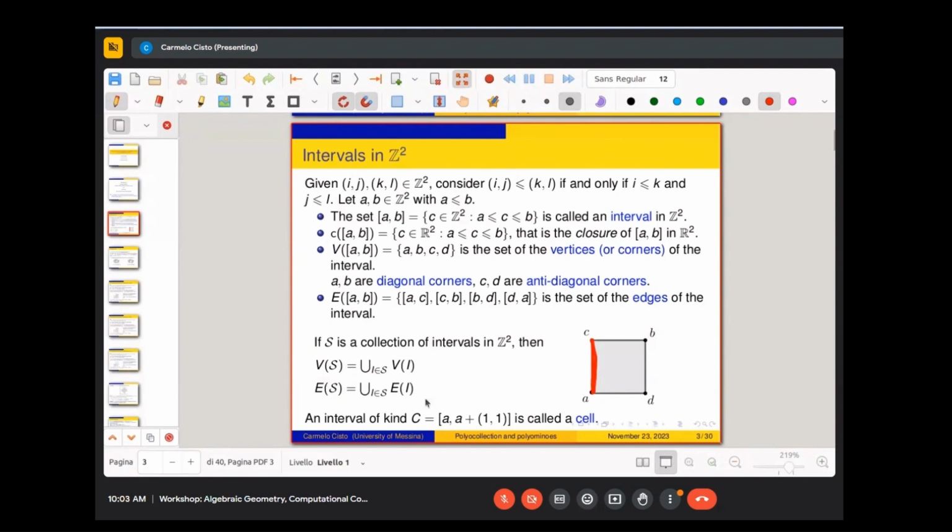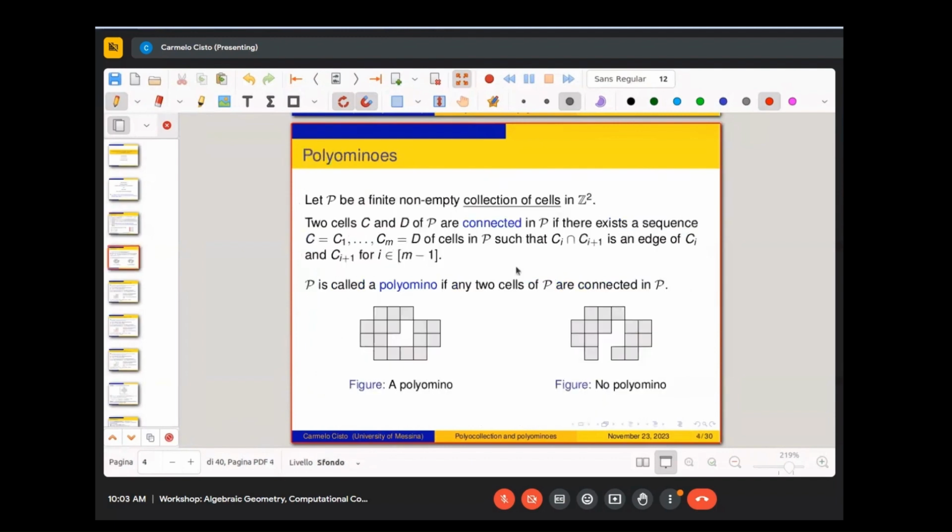It is important to mention that the smallest possible interval, that is the unitary square in Z square, is called a cell. So, roughly speaking, a cell is an interval of kind A, A plus (1,1).